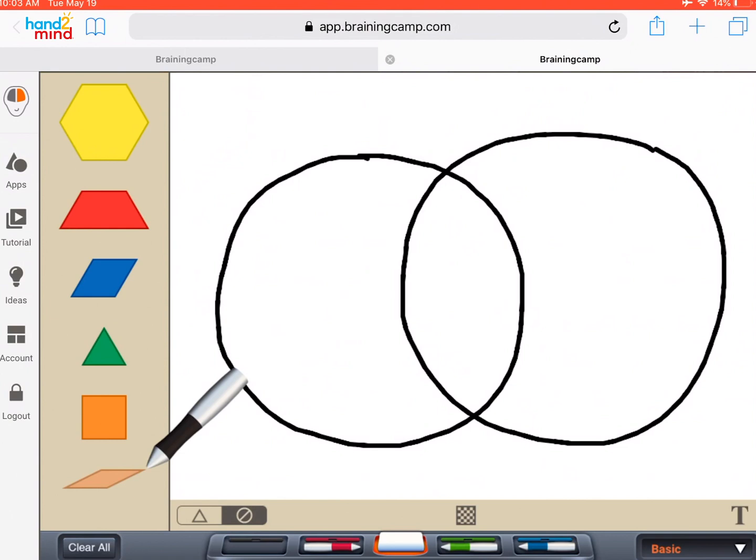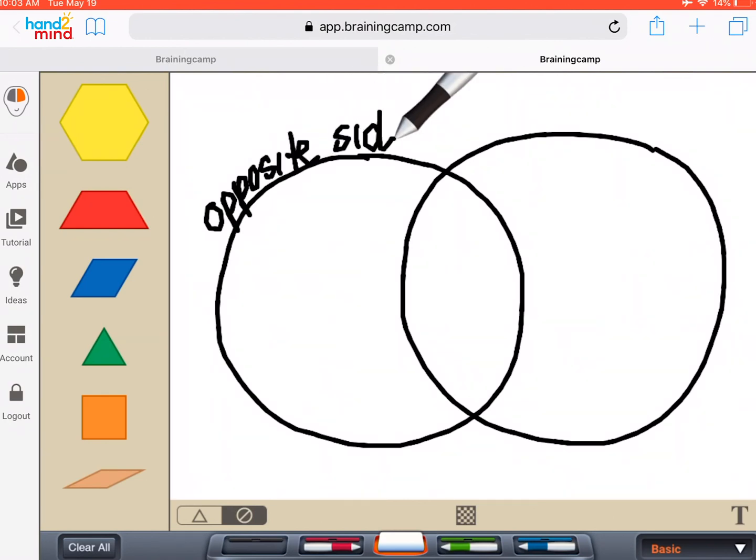Our first one is going to be that opposite sides are equal. So I'm just going to label opposite sides equal. And then our right circle is going to be that all angles are equal. And I'm going to abbreviate angles and equal.